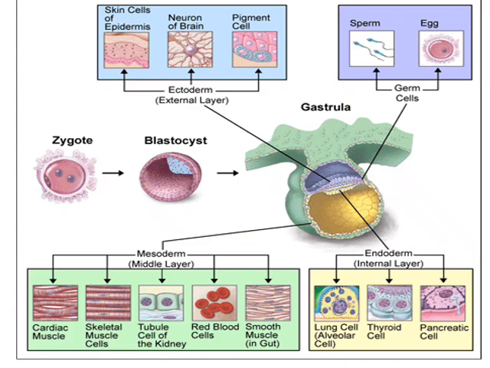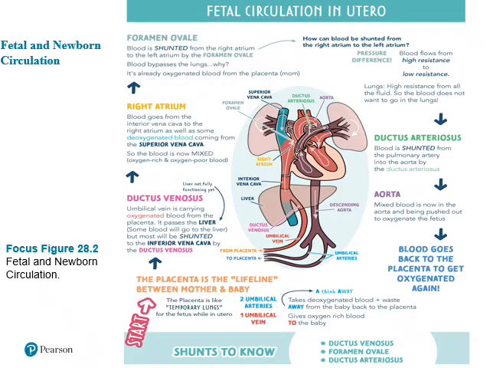Your endoderm, which is the internal layer, will give rise to the lung cell, the alveoli, your thyroid cell, and your pancreatic cells. Then you have also your mesoderm. This is the middle layer. It will become the cardiac muscle, the skeletal muscle, the tubule cell of the kidney, the red blood cells, and the smooth cells in the gut.